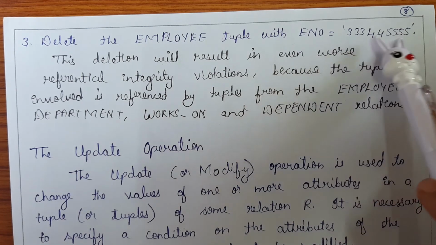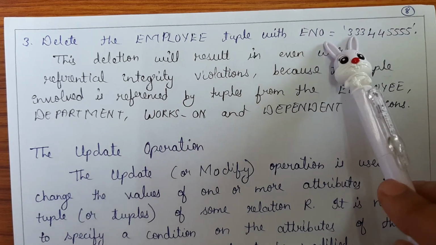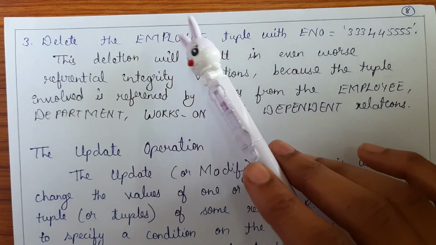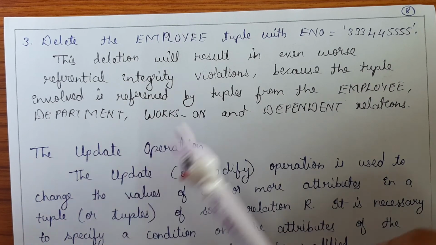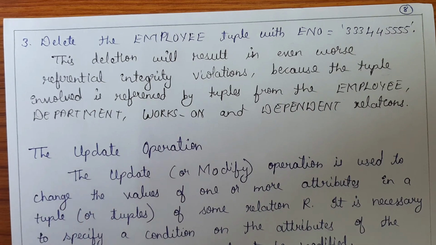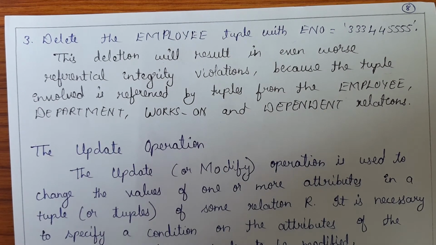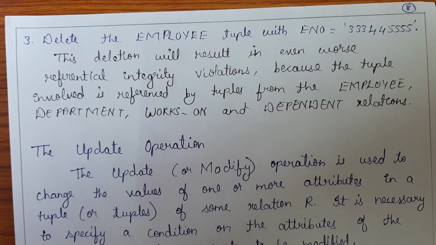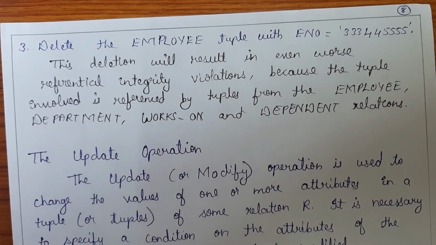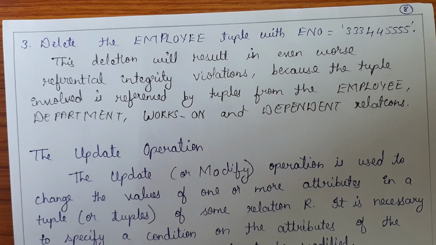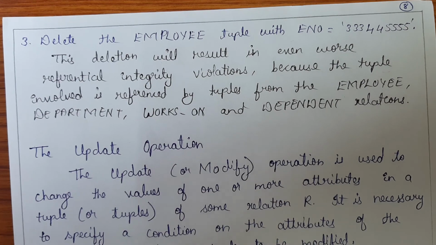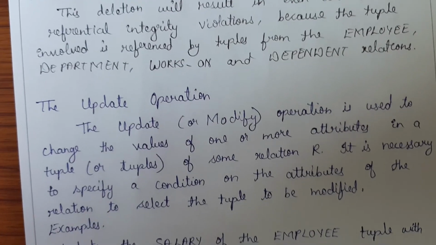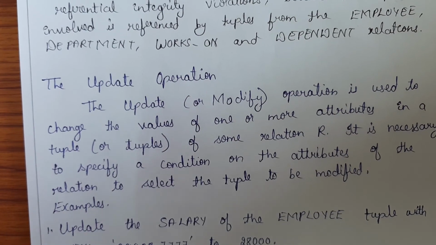That means the employee number we are trying to delete is referred to by other tables, that is the department, works on and dependent tables. So if one detail is referenced by all the other tables, then it is not possible to delete the information. We have to take care before deleting, because some conditions should be satisfied to delete any of the details.